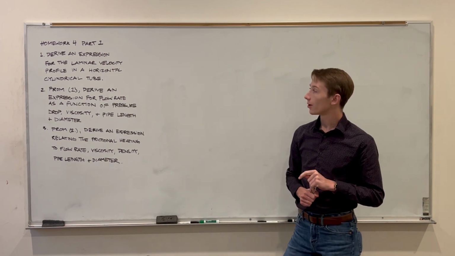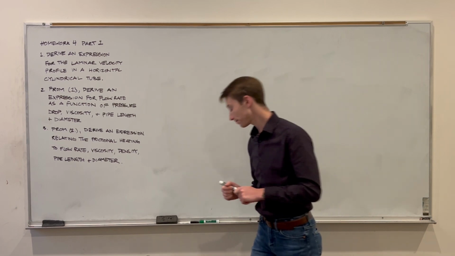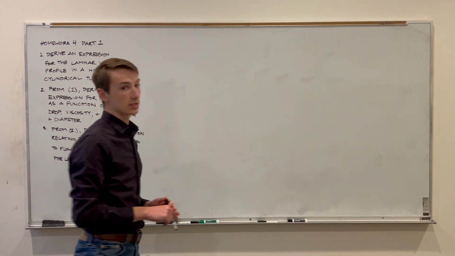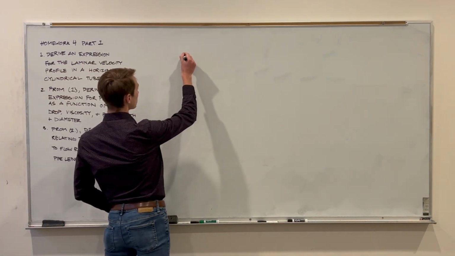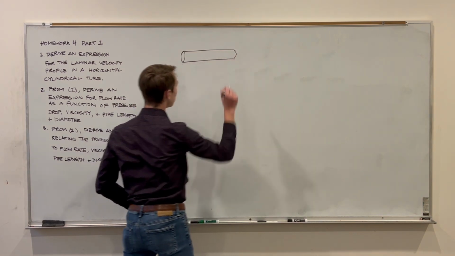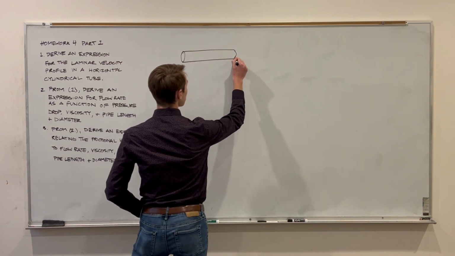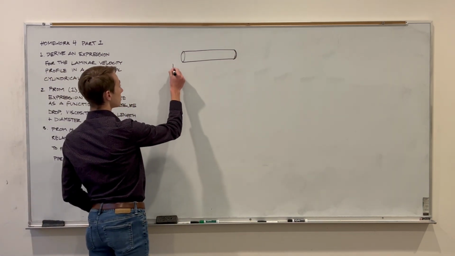Derive an expression for the laminar velocity profile on a horizontal cylindrical tube. So, as we always do, let's go ahead and start with drawing a picture. So we've got a horizontal cylindrical tube, something like this maybe. And for the purposes of this problem, there's going to be a pressure difference.